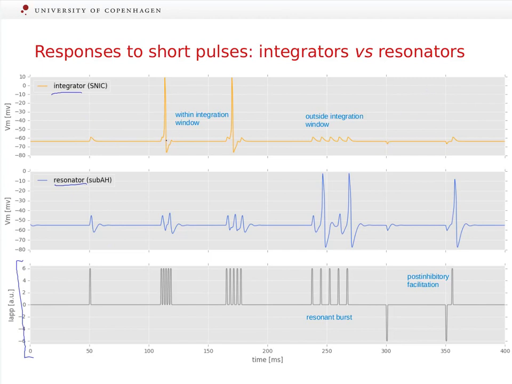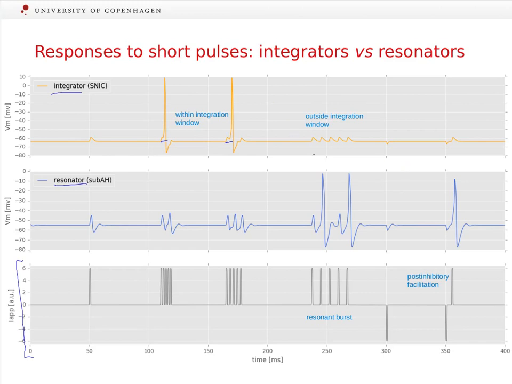Then if we provide pulses within the integration window, we gradually get a response, and the higher the frequency of the incoming pulses, the smaller is the delay between the onset of the stimulus batch and the response that we have, the action potential.